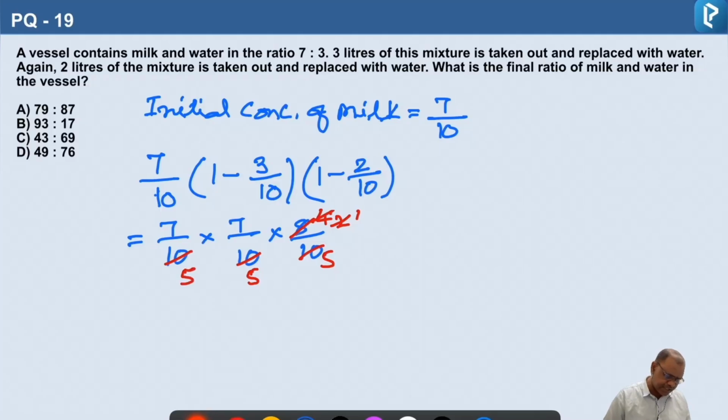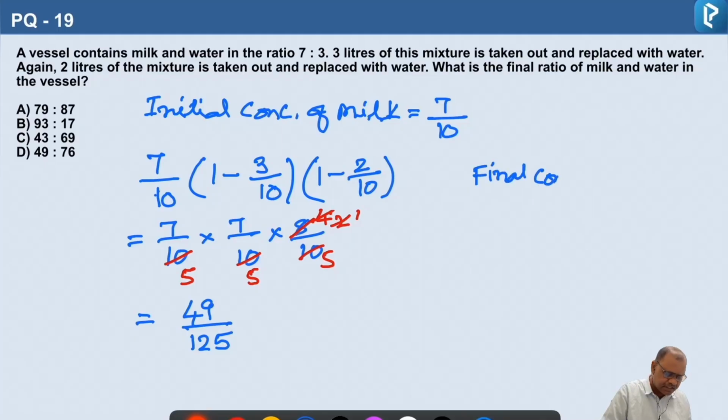So the remaining is the numerator side 7 into 7, 49. The denominator side 5 multiplied 3 times, that is 125. So the final concentration of the milk is 49 by 125.